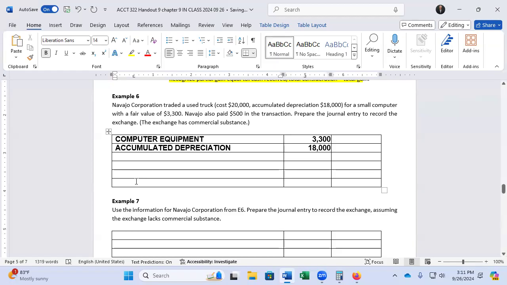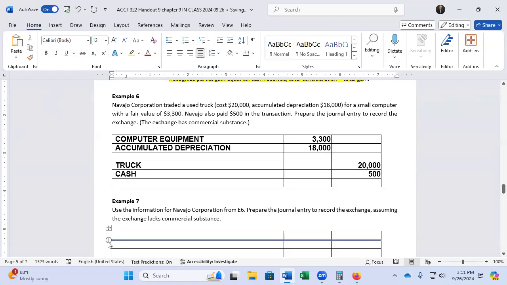I'm gonna leave a space open because I don't know whether or not we're gonna have a gain or loss here, so I'm leaving the entry open. And we're gonna be getting rid of a truck, so we're taking that asset off our books for 20,000, the historical cost. We're also paying cash of 500. And we have to figure out, okay, did we gain or did we lose on it?